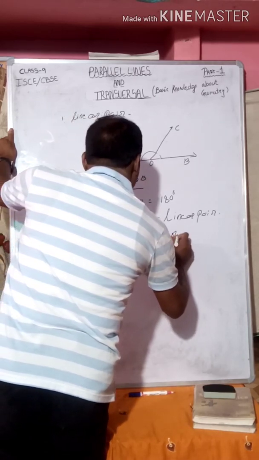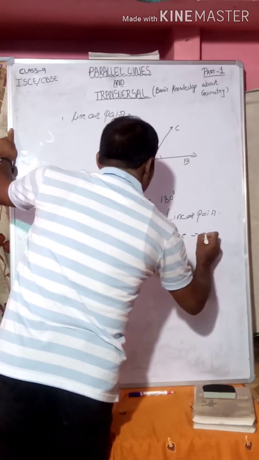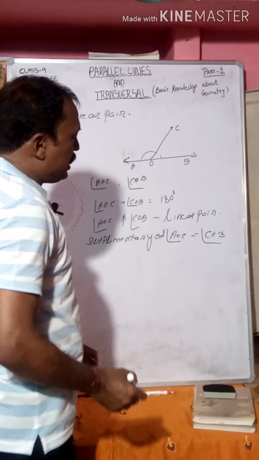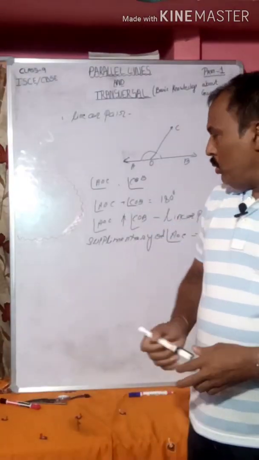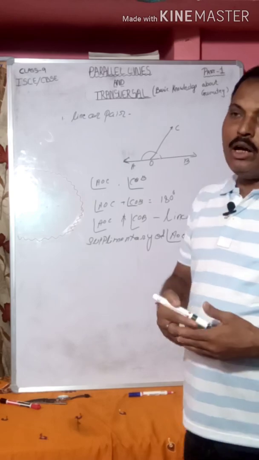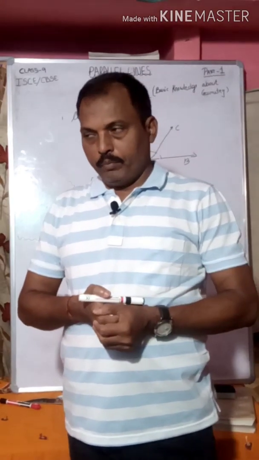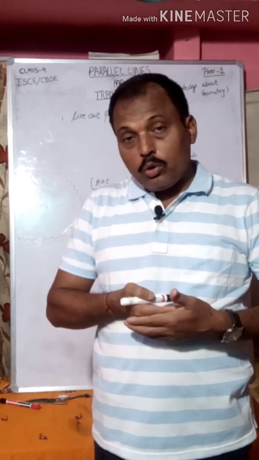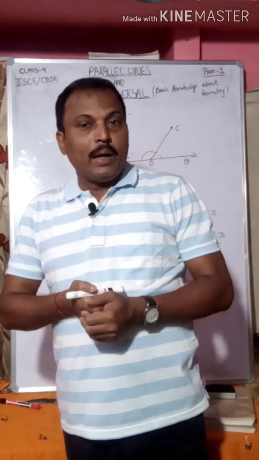The supplementary of AOC is COB and the supplementary of COB is AOC. So AOC and COB are supplementary to each other and they are a linear pair.